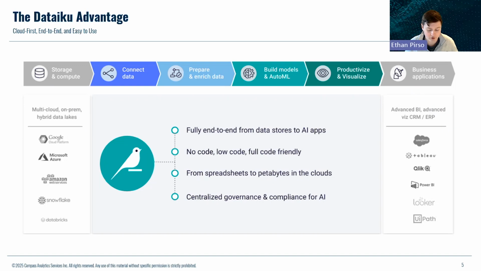And from there, Dataiku really excels at performing any last ETL and data prep before building and deploying your AI and machine learning models and applications. And all of this is done in just one platform with centralized governance. And then finally, the output of your AI ML projects can be seamlessly connected to your end user business applications like Tableau and Power BI.